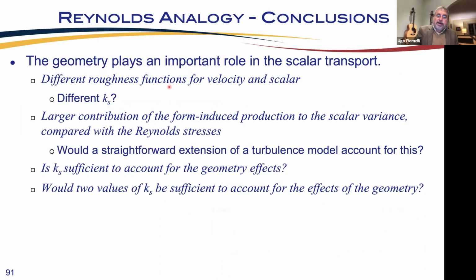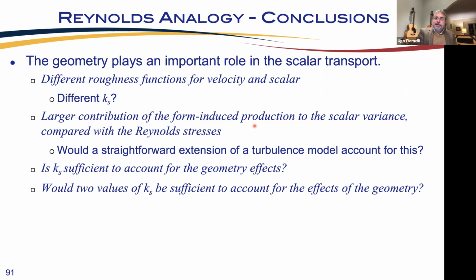For example, the fact that you have different roughness functions, does that mean that when you run a turbulence model, you should use a different Ks to account for the different effect of roughness? Also, since there is a larger contribution of the form-induced production, the physics are quite a bit different. Typically, Reynolds stress models used for the scalar transport equation are the same as the ones used for the momentum equation, with a diffusivity that's changed by a turbulent Prandtl number.